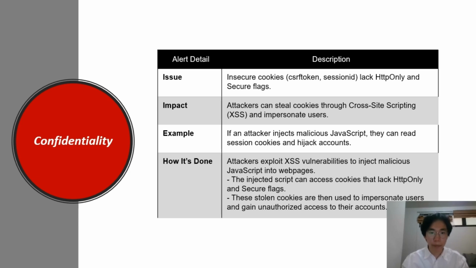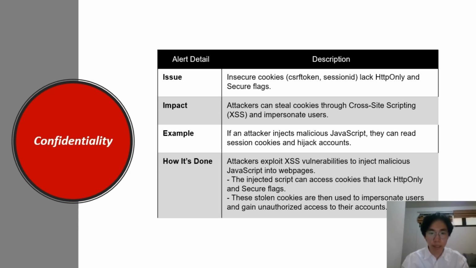Confidentiality in the application: cookies like the server's token in this scenario don't have the HttpOnly and Secure flags. That makes it easy for them to be stolen in XSS attacks.